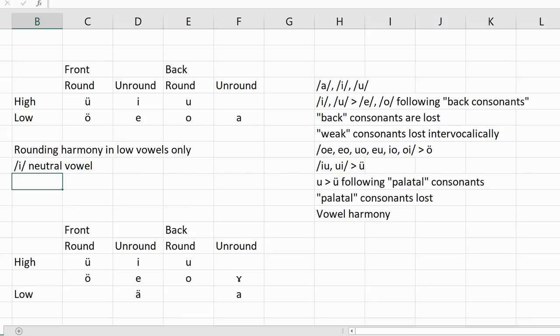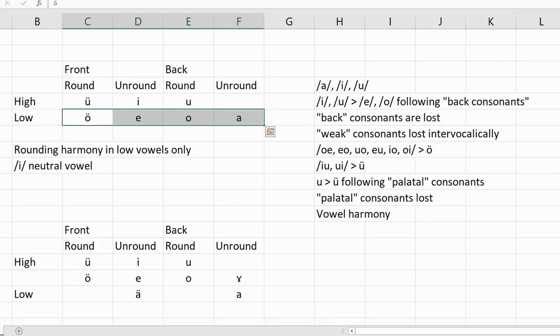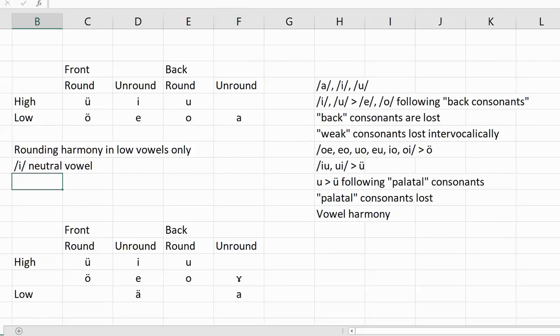So it's totally neutral. So what happens then when these high vowels get mixed up in a word with the low vowels? How does that affect the rounding harmony? So the two options would be to have them transparent to rounding harmony or to block rounding harmony. So in Mongolian, oo blocks rounding harmony, but e is transparent to it, which, again, makes no sense to me, but that's the way it works.